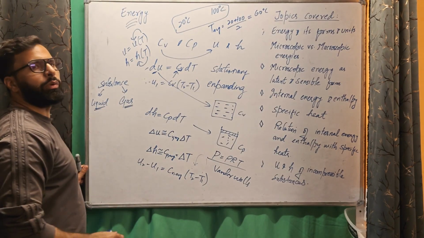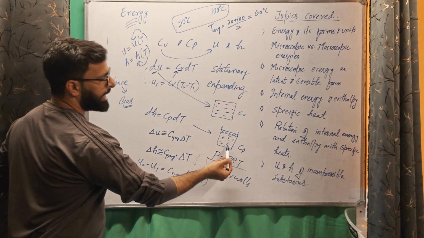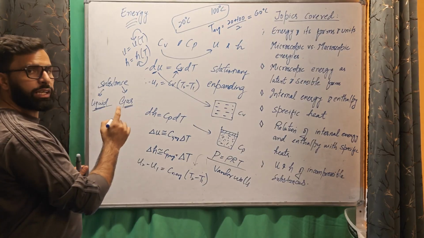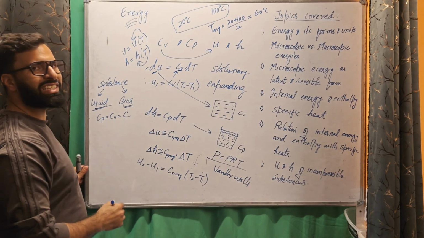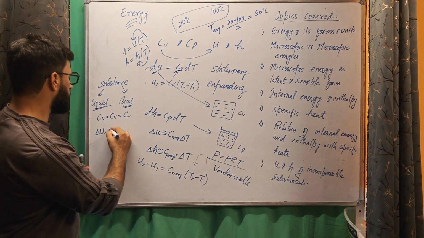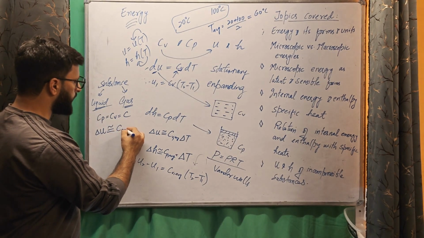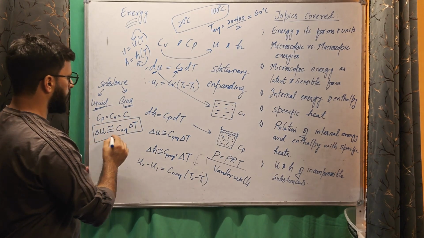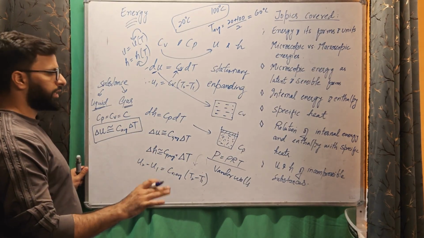But what about liquids? Since liquid does not expand or contract like gas, there is no separate meaning of CP and CV. That's why for incompressible substances like liquid, CP and CV are the same, and we just call it C. So the change in internal energy of an incompressible substance, solid or liquid, will be C average delta T. C average, not CP average or CV average, because in liquids and solids CP and CV are the same.